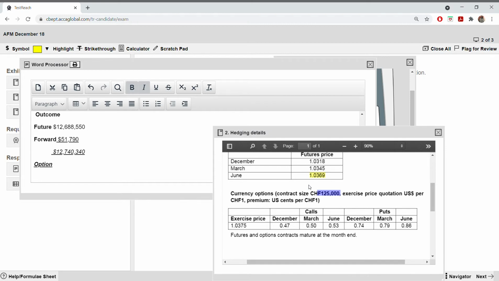Okay, so name the company also. Just don't forget to remove your bold and underline.